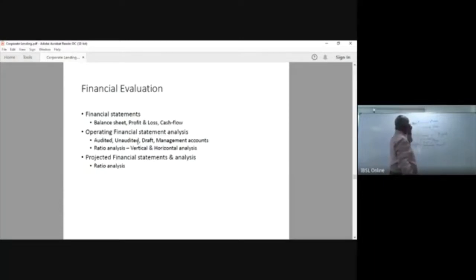But sometimes they have come to us for the facility in June or July. So the bank may ask them. They have given all the previous years audited or unaudited or draft financial statements for 3 years.